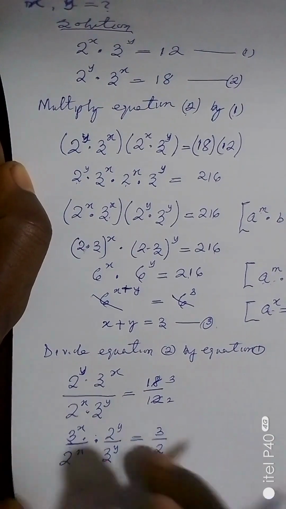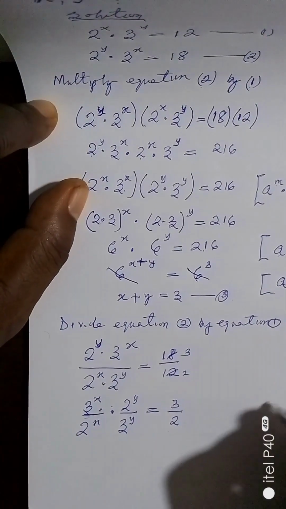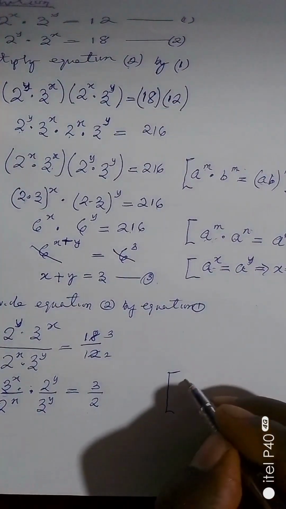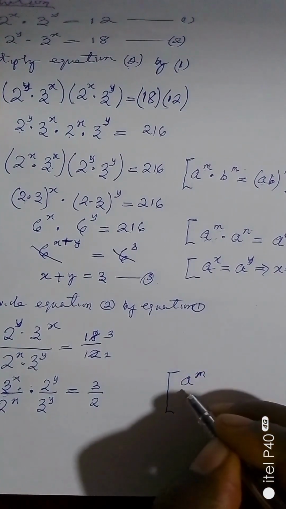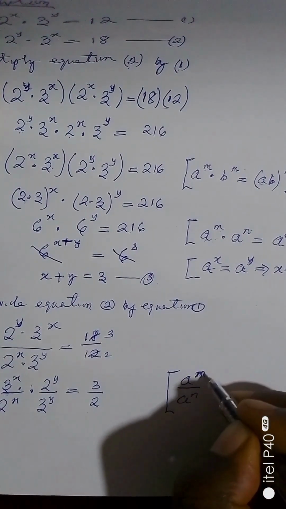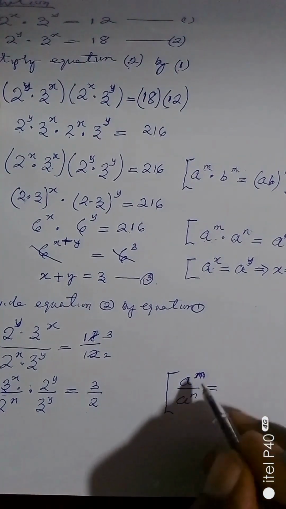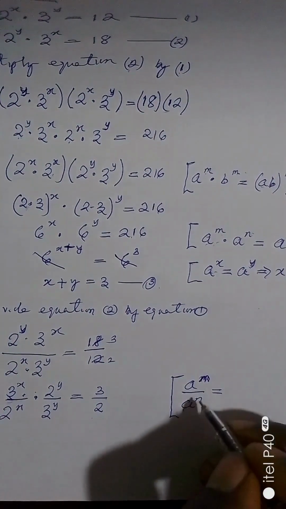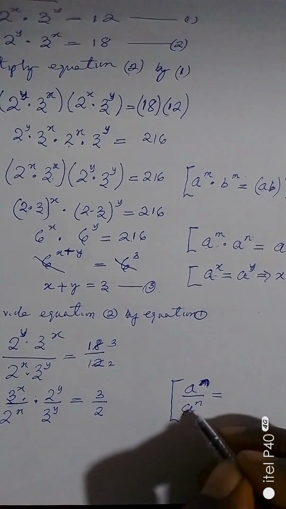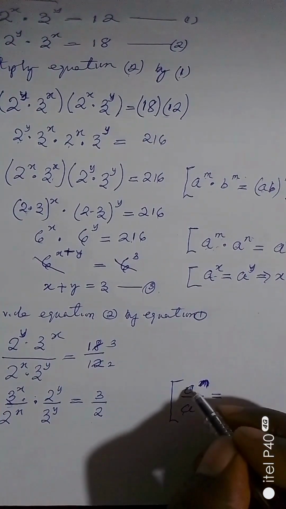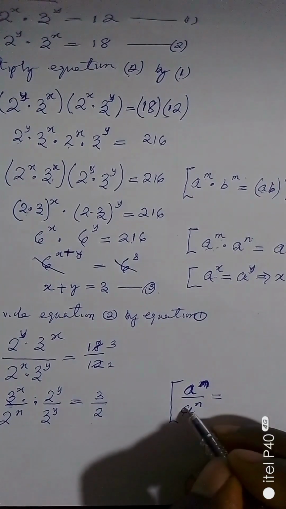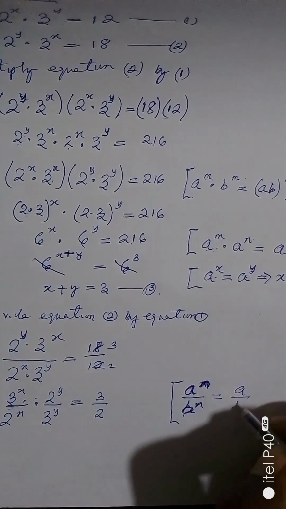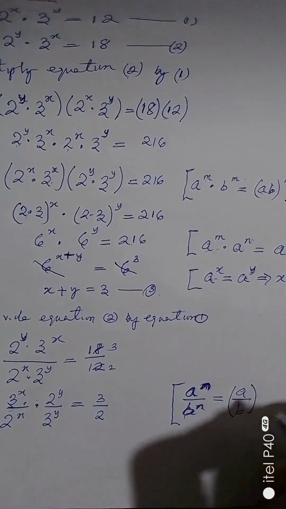So you can see, figure out a pattern here. So what we are going to do now is to apply this exponential rule. If you have a to the power of n over b to the power of n, with separate bases a and b but the same power n, then it becomes a over b to the power of n.